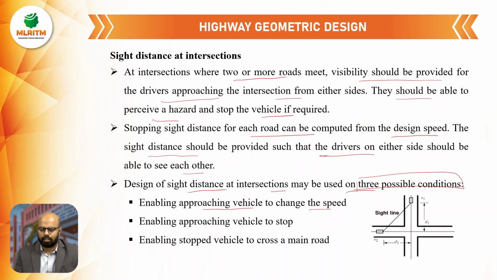Next is enabling the approaching vehicle to stop. And next is enabling a stopped vehicle to cross the main road. These are the three conditions used for the design of sight distance at intersections.